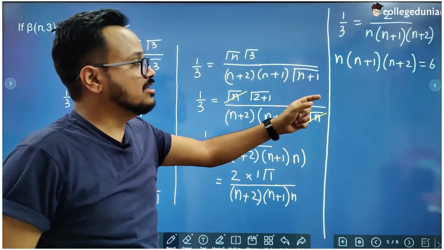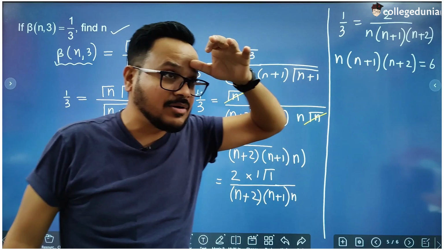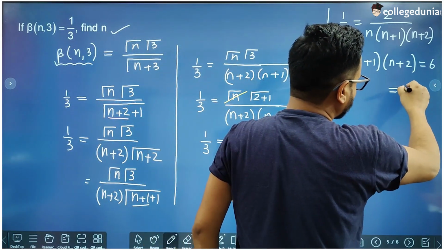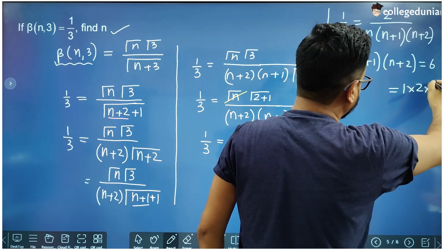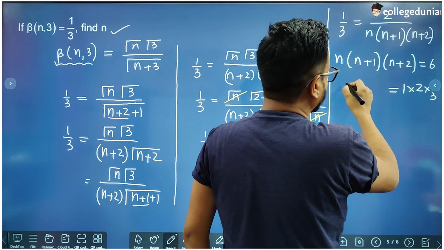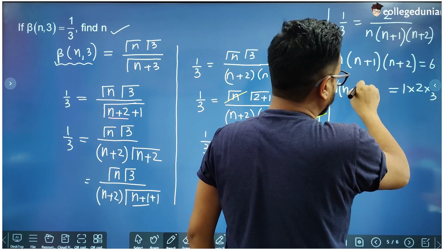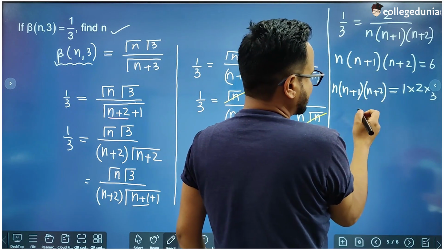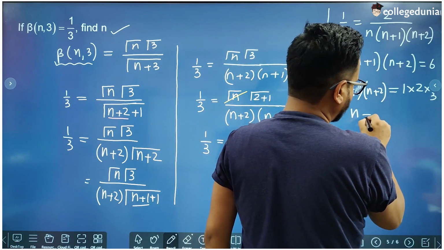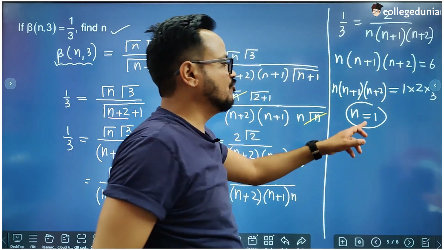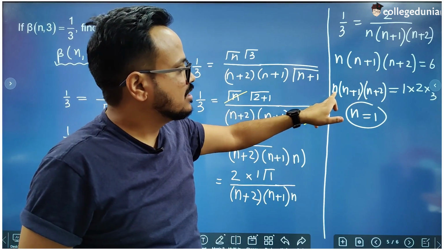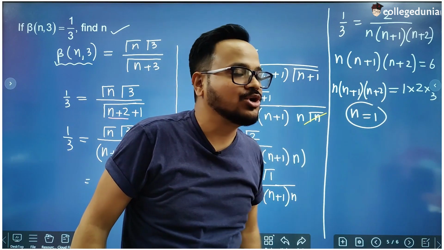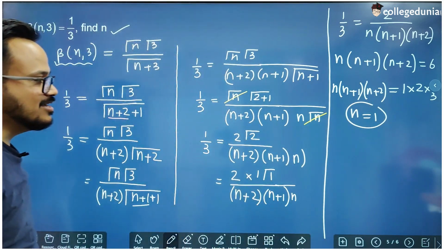We can clearly see that these three numbers are consecutive numbers. So what are the three consecutive numbers whose product is 6? This 6 can be written as 1 into 2 into 3. Comparing LHS and RHS, we can say that the value of n is 1, because if we put n as 1 on the LHS, then this is 1, this is 1 plus 1 which is 2, this is 1 plus 2 which is 3, so we will get 1 into 2 into 3. So the value of n is 1.